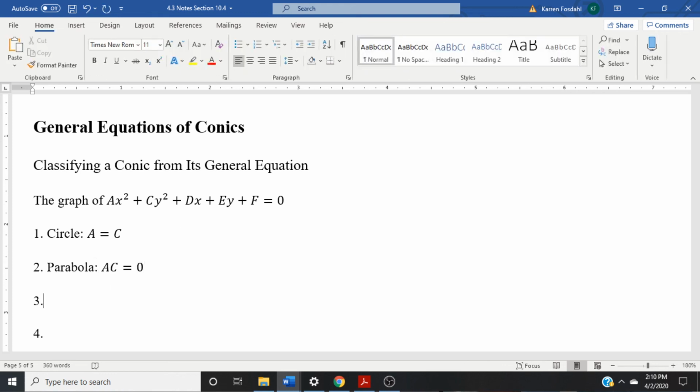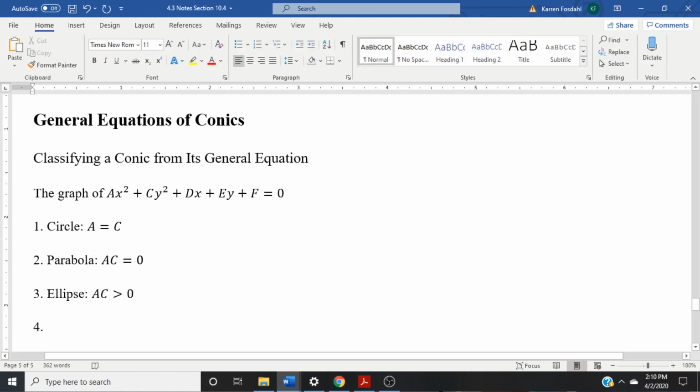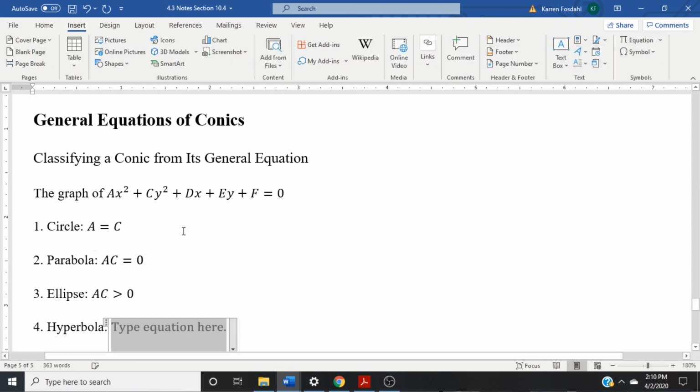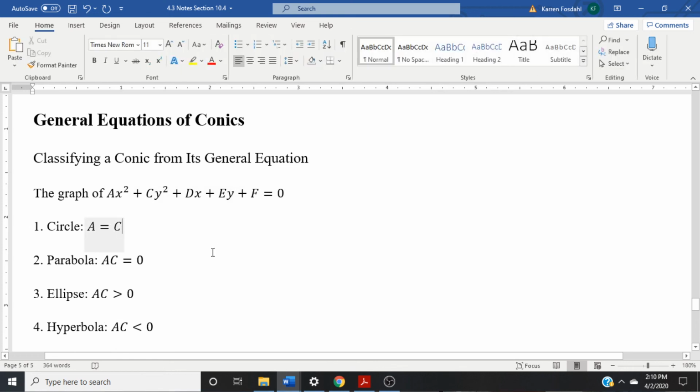Ellipse, if A times C is greater than 0. And hyperbola, if A times C is less than 0. This is how we classify them.